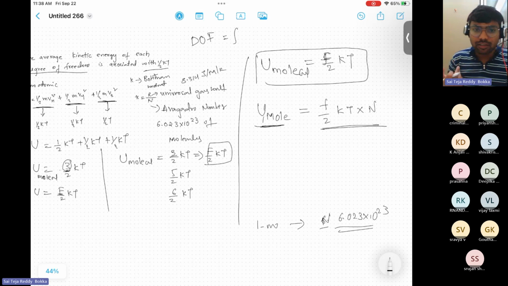Is it correct? If I'm taking 1 mole of H2, what is the internal energy of 1 mole of H2? You have to take it like this.